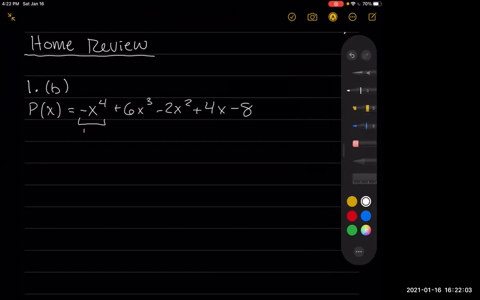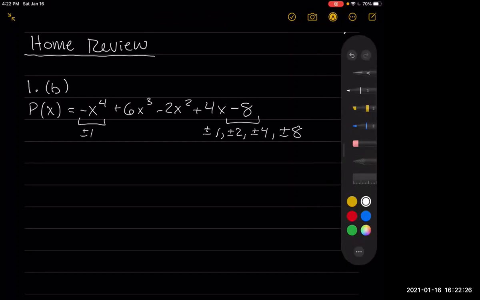The factors of that are plus or minus 1. And then the factors of 8 are plus or minus 1, plus or minus 2, plus or minus 4, or plus or minus 8. So these are all of the factors of 1 and 8.